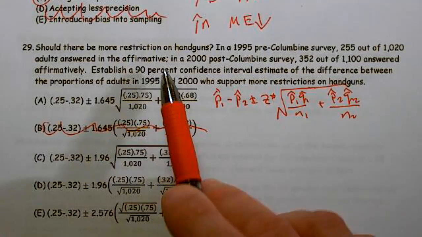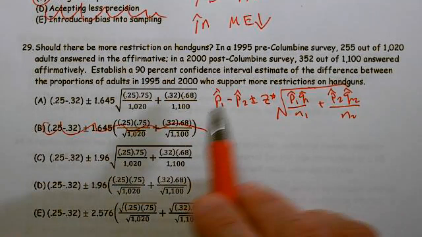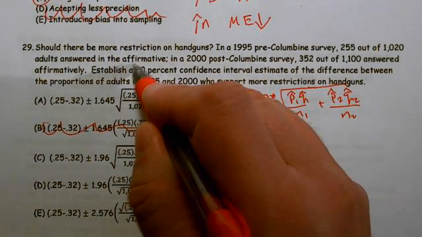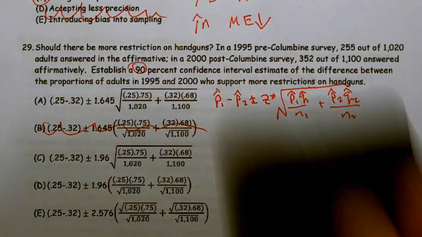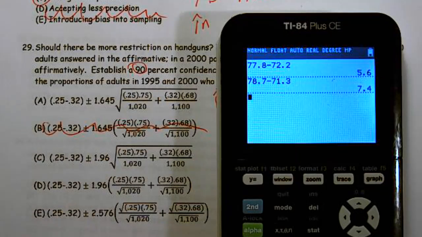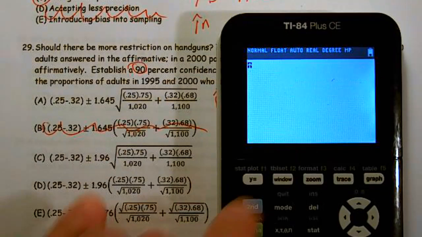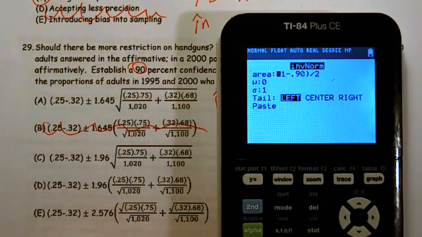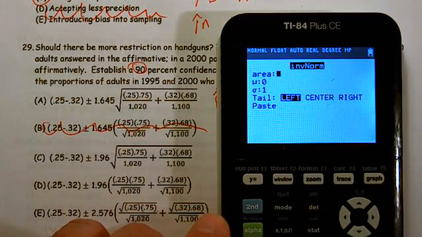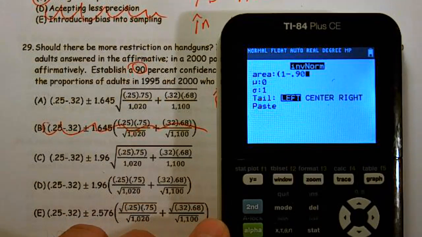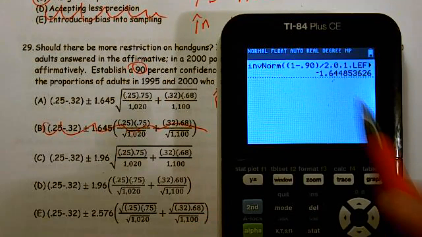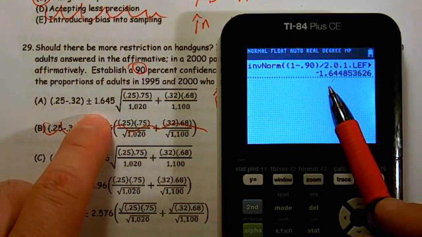Let's go ahead and look at our z stars. They said they wanted to do a 90%. Second vars, inverse norm. Turns out I already have it there: parenthesis 1 minus 0.90, close parenthesis, divided by 2, mean of 0, standard deviation of 1, calculate. And I end up getting 1.645.